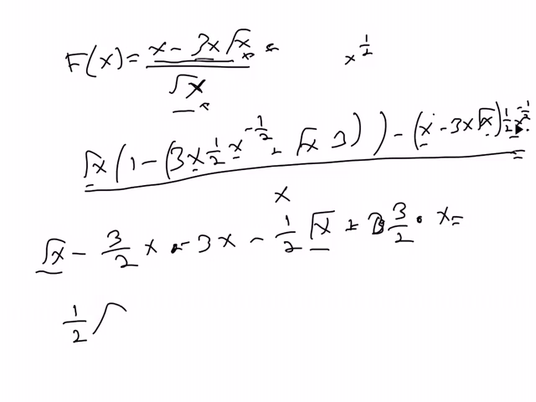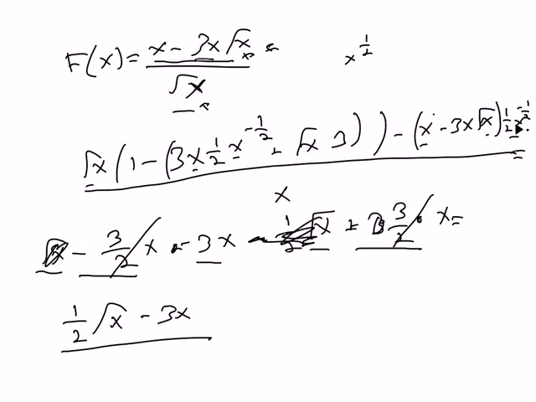So a half square root of x. So that's that. And then I have negative this minus that, a plus. Okay, so this plus and this minus cancel, and I get negative 3x, and I get all this over x. Wow. So that's what I get.